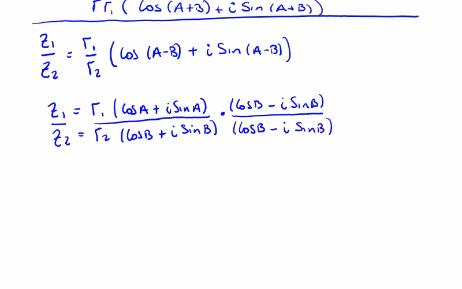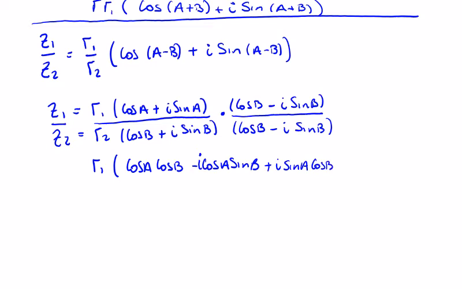So multiplying the top, we're going to end up with r1 times cos a by cos b, so cos a cos b, and cos a by minus i sine b, so minus i cos a sine b. And we can put the i in front, or in between, or at the end. So now we have i sine a by cos b, so plus i sine a cos b.